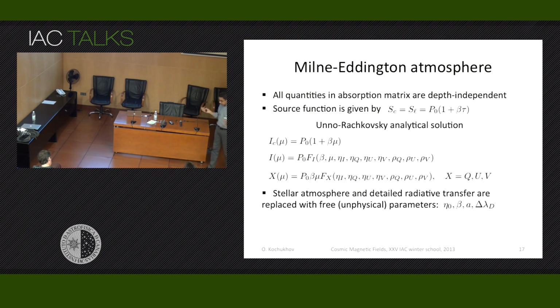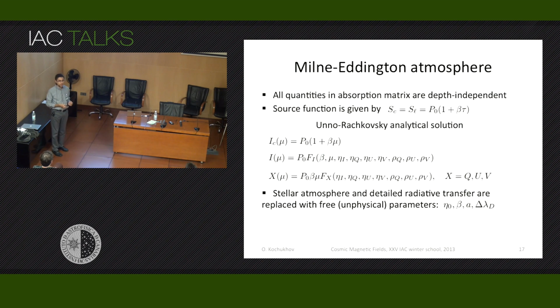Now, all this is fine, but it's a numerically complicated exercise to compute Stokes parameters in this way. And it's not immediately clear how properties of the magnetic field, the modulus of B and these two angles that I introduced, influence the emergent Stokes parameters. So there are various ways to simplify the problem, to cheat a little bit, to say that my atmosphere is much simpler than it actually is.